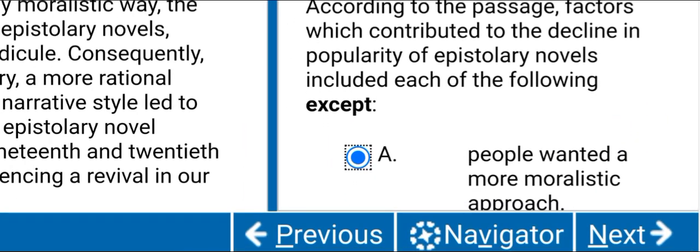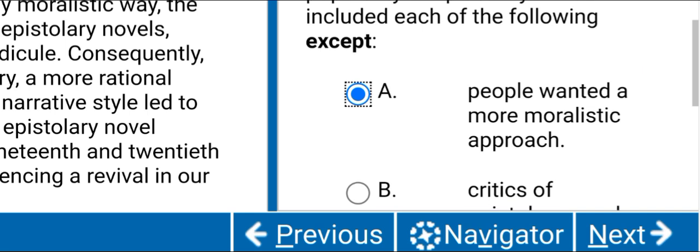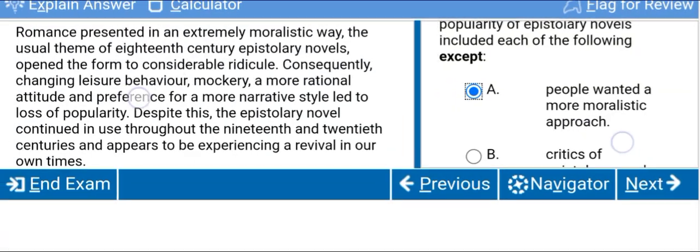According to the passage, factors which contributed to the decline in popularity of epistolary novels included each of the following except option A, that people wanted a more moralistic approach. Okay, so this is the right option.